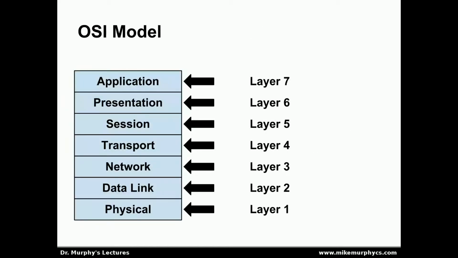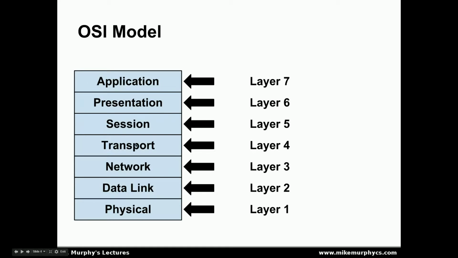There are 7 layers in the OSI model. Starting from the bottom, we have layer 1, which is the physical layer. Layer 2 is called the data link layer and sits immediately above the physical layer. Layer 3, the network layer, sits immediately above the data link layer.